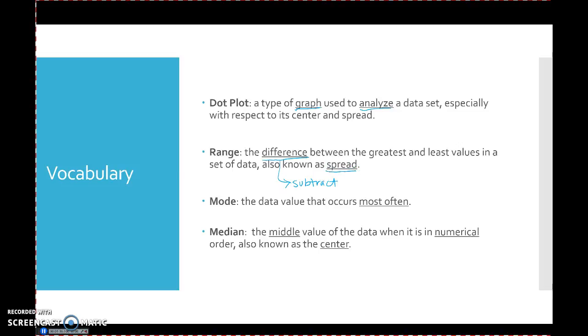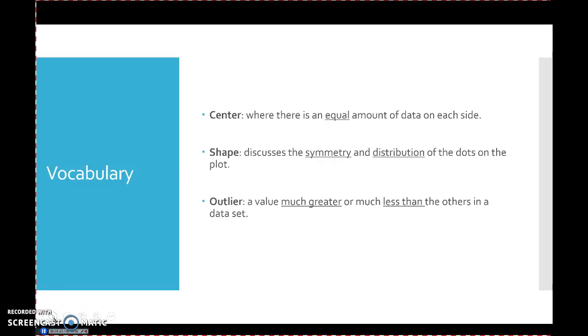Mode is the data value that occurs most often. Median is the middle value of the data when it is in numerical order, which means like 0, 1, 2, 3, 4, so from least to greatest, and it's also known as the center. If you need to pause it so you can finish your terms. Okay, so the next term is center. So center is where there is an equal amount of data on each side.